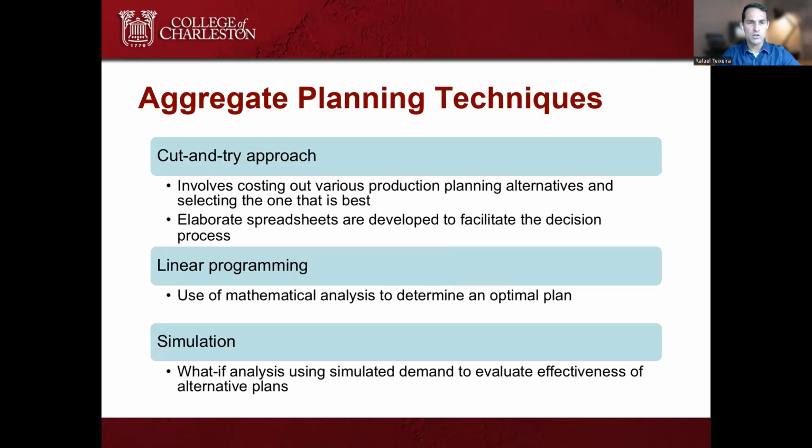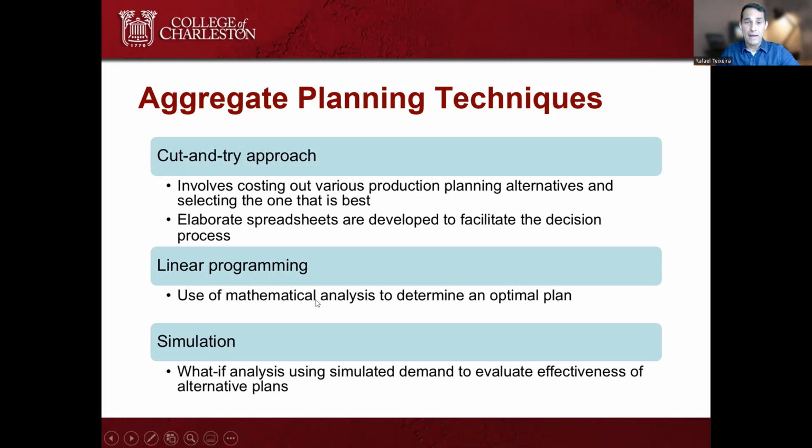And I believe that's the last one, aggregate planning techniques. There are different techniques to find what this aggregate planning is, how much it is. One is the cut and try approach, where you basically do it and see what happens. It involves costing out various production planning alternatives and selecting the one that's best. Elaborate spreadsheets are developed to facilitate the decision process. We have linear programming.